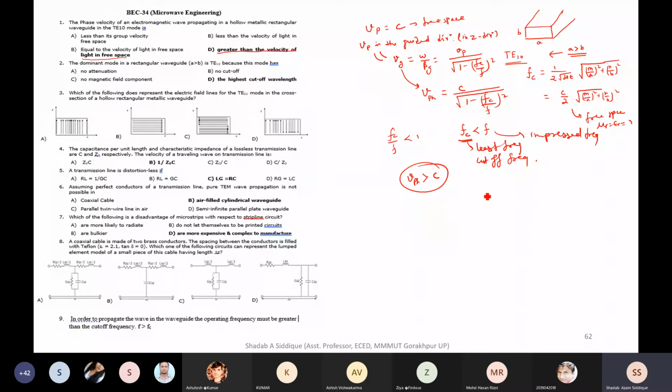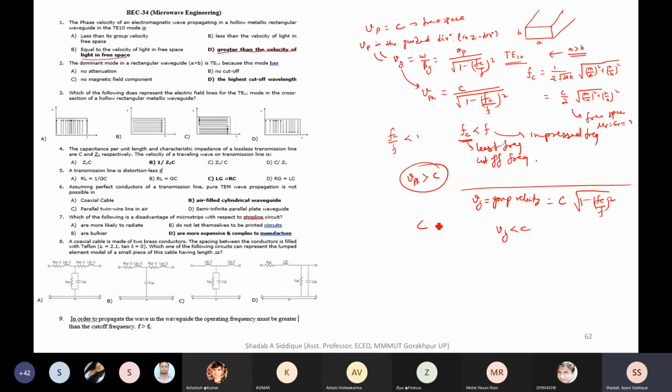For your understanding, let me take the group velocity. If you go through the derivation of the group velocity, it comes out to be Vg equal to c or Vp into the square root of 1 minus (fc by f) whole square. So Vg is less than c.